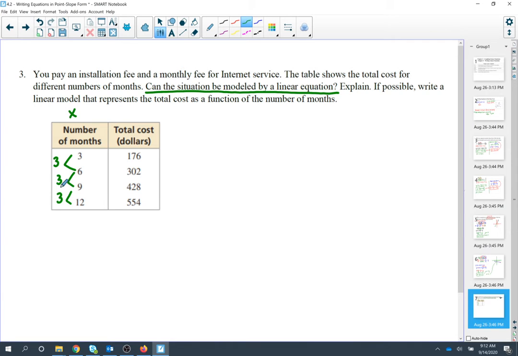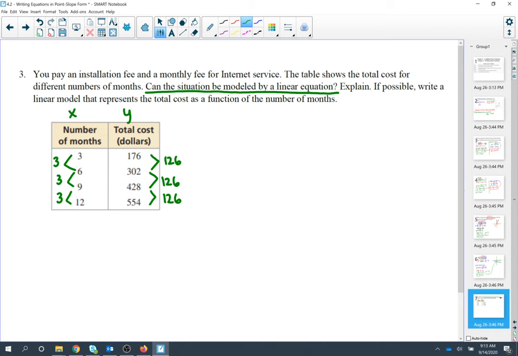So far, so good. Then I'm going to go to my dependent variable, which is my cost, is my y, also called my range. From 176 to 302, I go up by 126. 302 to 428, I go up by 126. 428 to 554, I go up by 126.